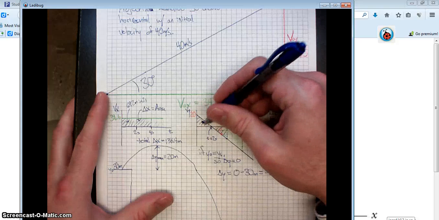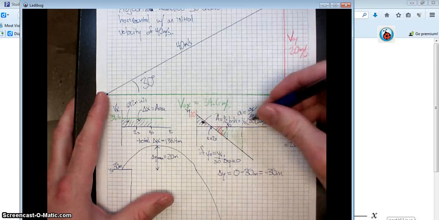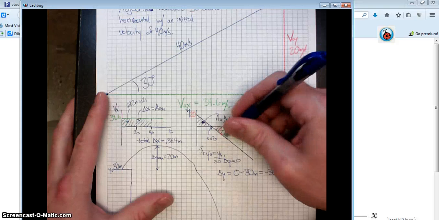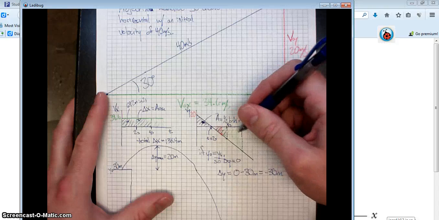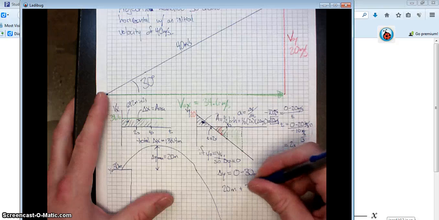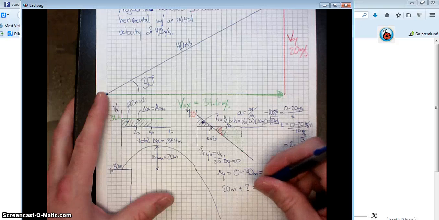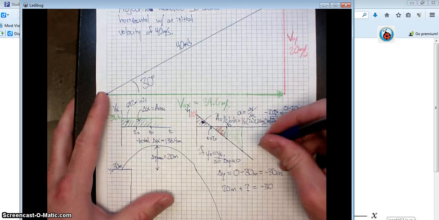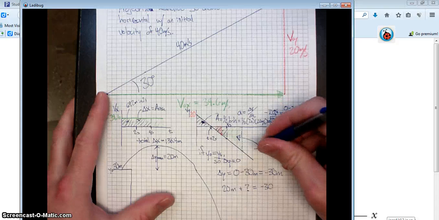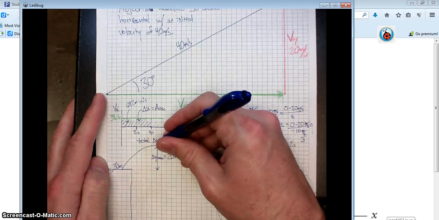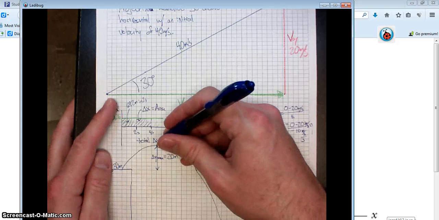So I know my positive area is 20. So what does this have to be in the end so that I get a total of negative 30? So we've got 20 meters plus something equals negative 30. So I think about that, and okay, this is going to have to be negative 50 meters then, because we're up here, this is 20 meters above our starting point, and this is not scaled.